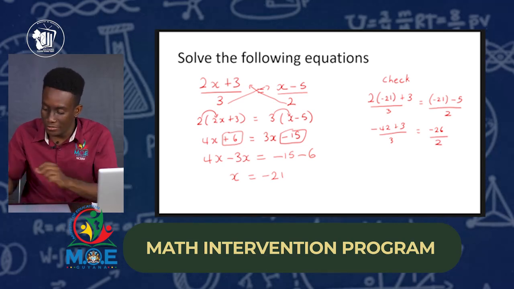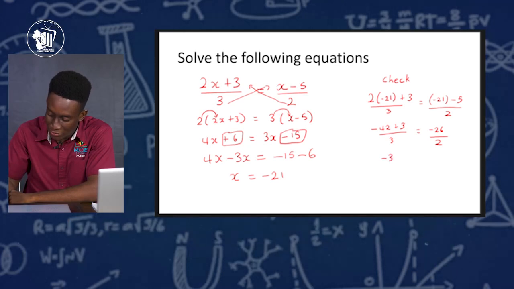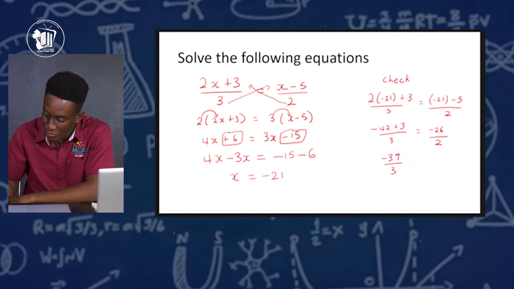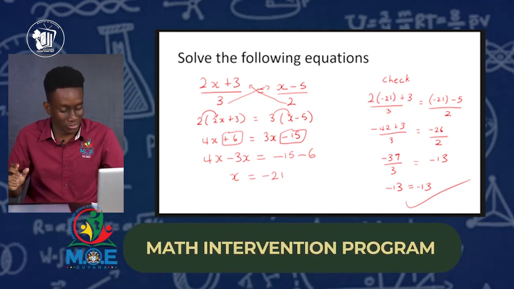And now we have negative 42 plus 3, that would give you a negative 39, all divided by 3. So negative 39 divided by 3 would give us a negative 13. And that should be equal to negative 26 divided by 2, which would give us a negative 13 as well. So negative 13 is equal to negative 13. So it checks out and our answer is 100% correct.